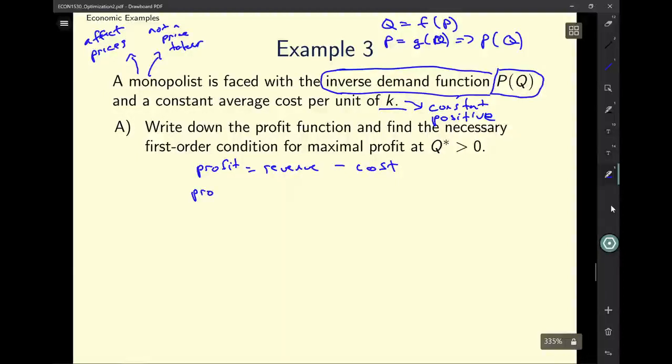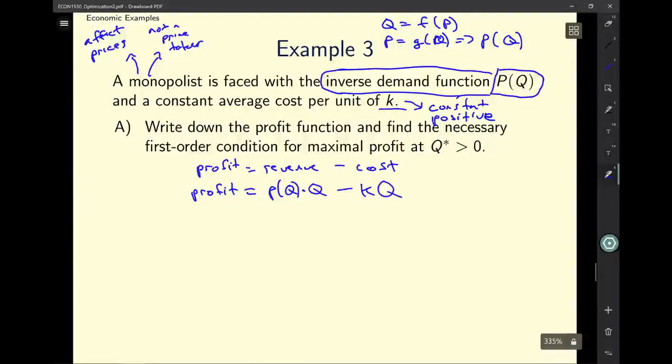And so we're going to use the information above to fill in for revenue. Well, revenue is price times quantity. So there's our revenue. Not too hard, as long as you know what you're doing. You can do it quickly. Minus cost. Well, what's their cost here? Well, we know that each unit of output, each unit of Q, costs K. So cost is just going to be K times Q.